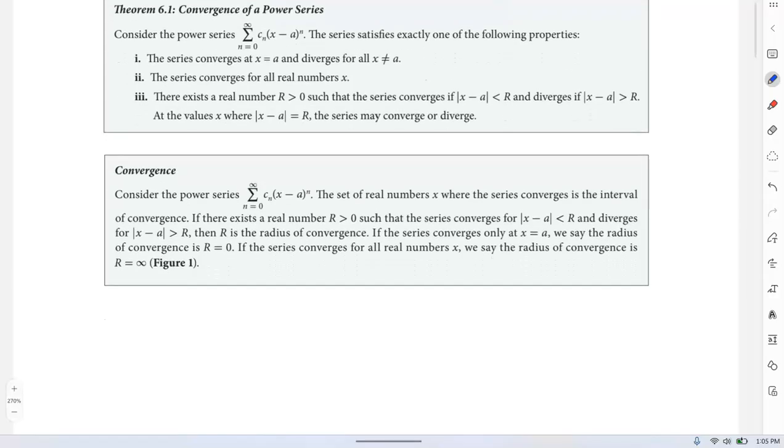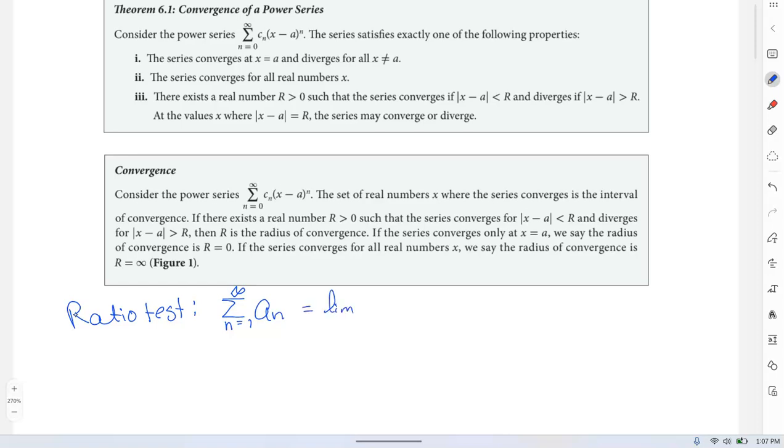So then the question becomes, how can I figure out where a power series is going to converge? We're going to use the ratio test to help us determine where this converges. So remember the ratio test, we're looking at the sum from n equals 1 to infinity of a sub n.